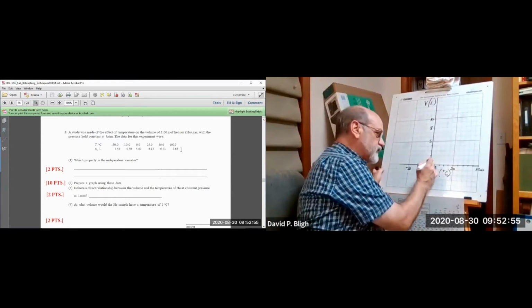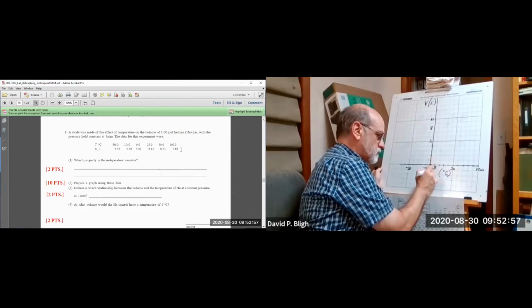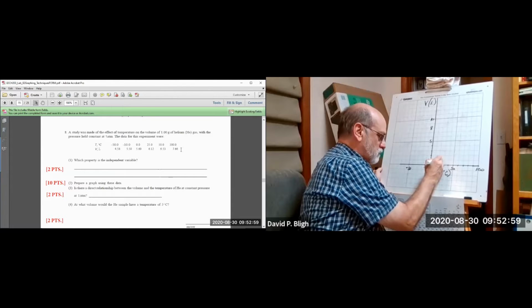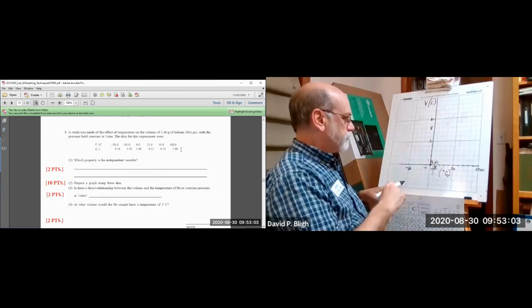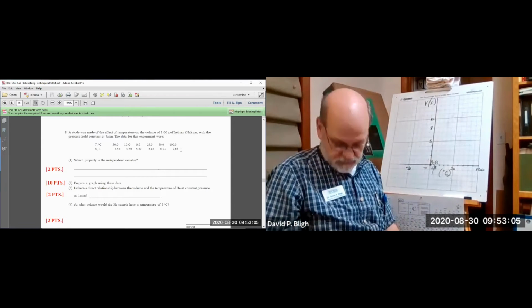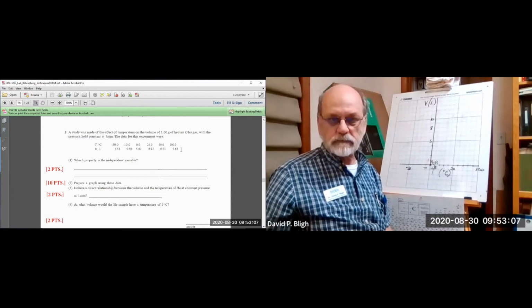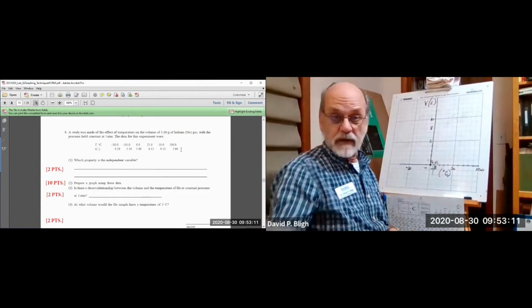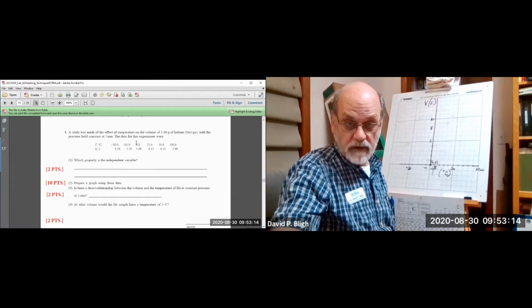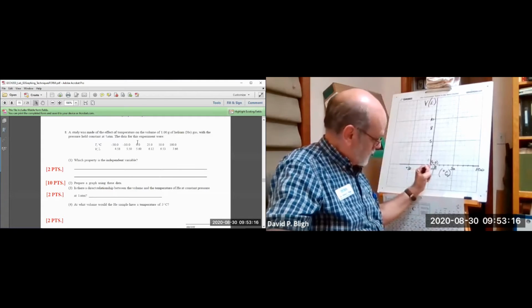If this is going to be 0, then we have no choice. Okay, let's start putting our data points up here. Let's start at 0. So here's 0 right there. Temperature here.